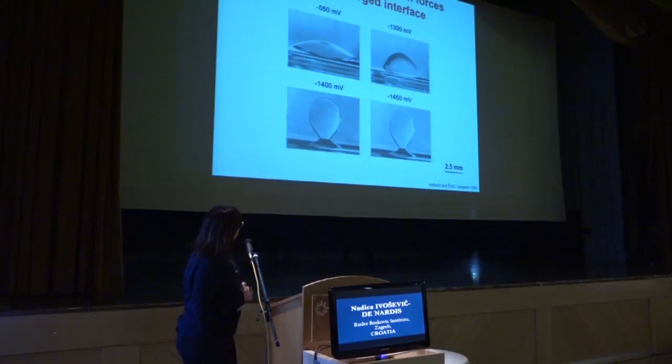When we shift the potential more negative, the droplet contracts and forms a semisphere, and by shifting the potential further negative, the contact area decreases more and it forms a more spherical shape with a very small contact area, and at the end this droplet detaches and by buoyancy goes to the surface. So this shows how with the potential we can fine-tune the adhesion forces.